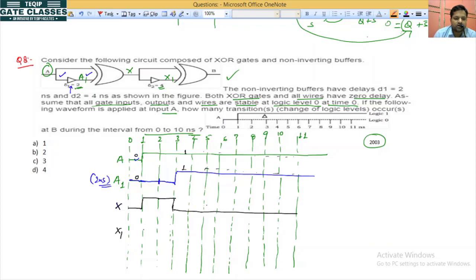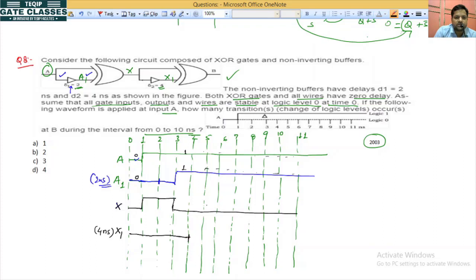When we get output at X1 after 4 nanosecond delay, so 1 2 3 4, up to 4 nanosecond it is waiting for the output. So in this, because the gate delay of this is 4 nanosecond, up to this it is waiting for the X to come into the output.